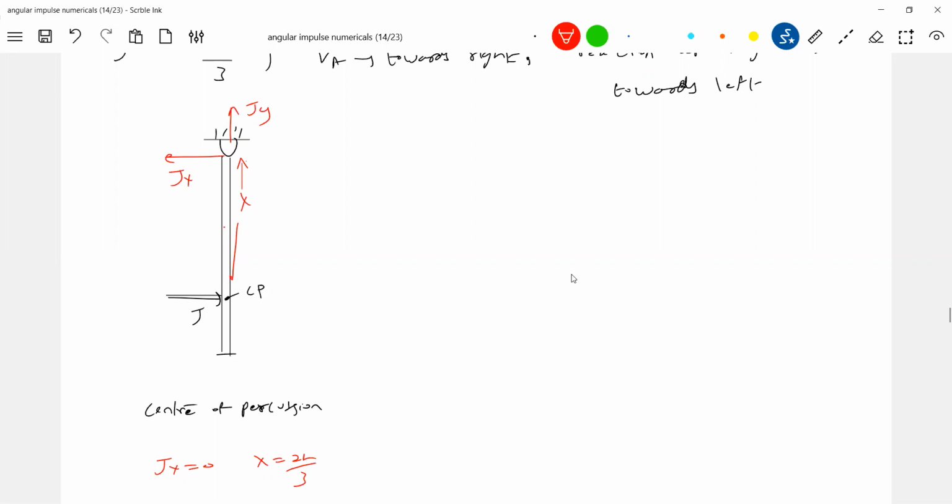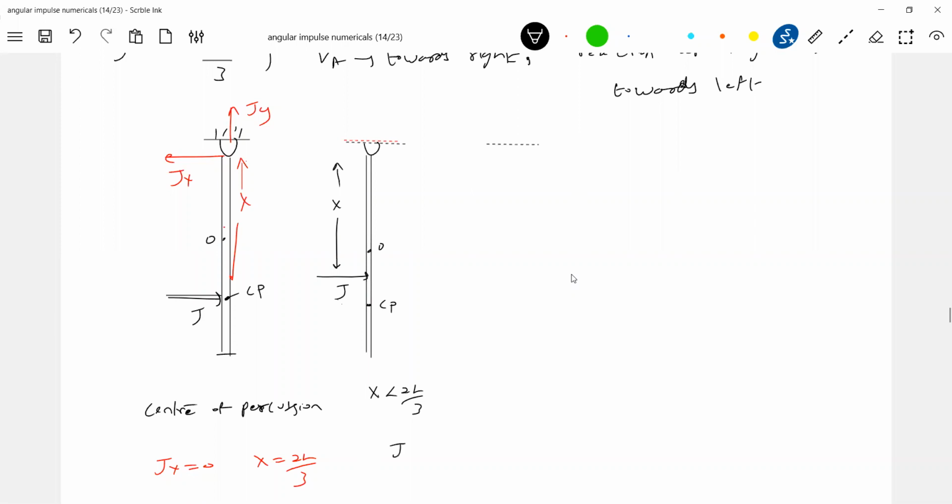Now I applied it at a distance less than 2L/3, above the center of percussion. The center of percussion is somewhere here. Then the impulse will act towards the left.